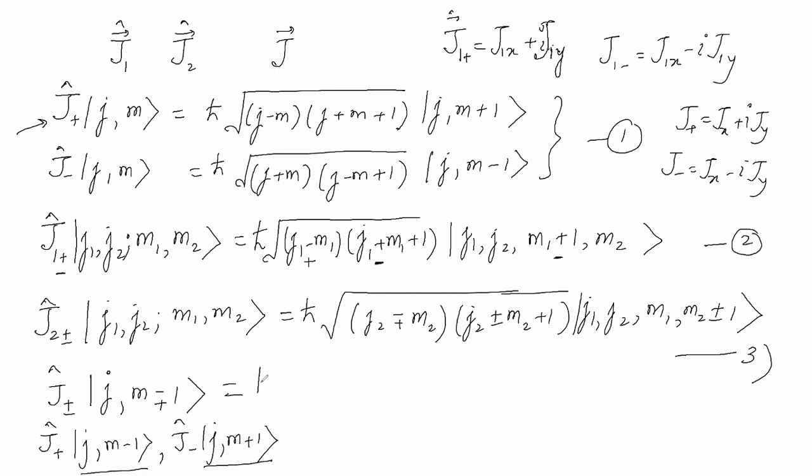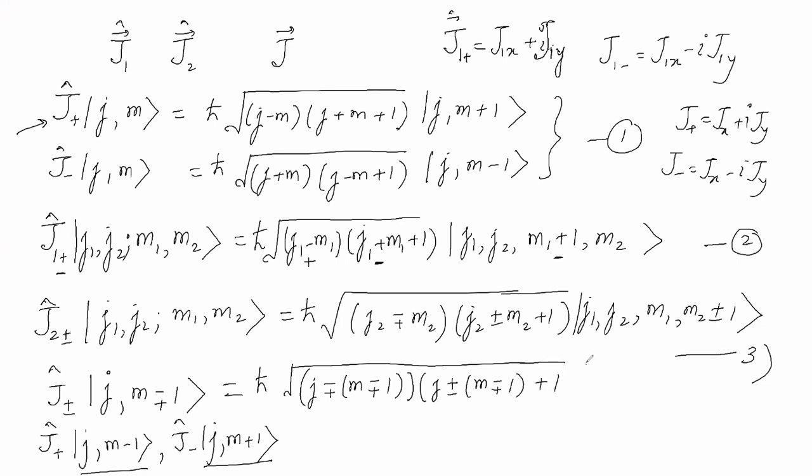Therefore, I am keeping the notation of equation 1. What should I write? I write H cross square root of (J minus plus M minus plus 1)(J plus minus M minus plus 1 plus 1) |J, M>. We consider the upper sign together, and similarly the lower sign together.